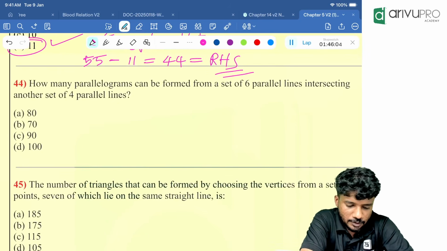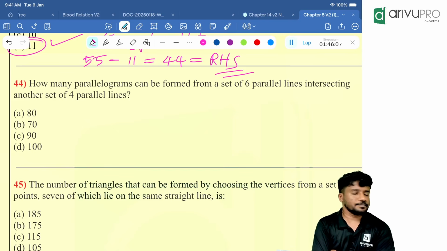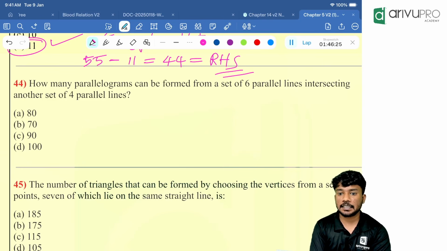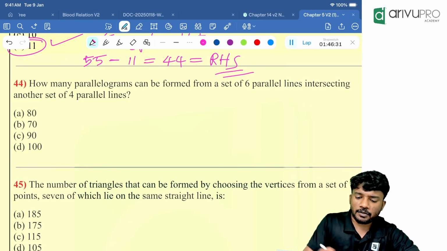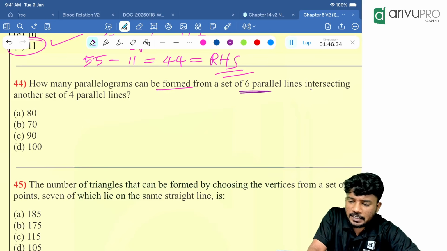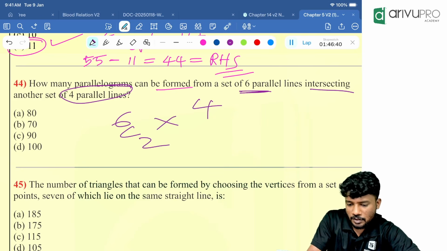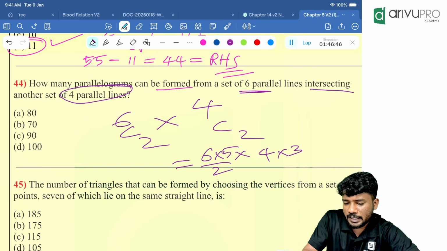Solve this for me. Come on, do it. How many parallelograms can be formed from the set of 6 parallel lines intersecting 4 parallel lines? 6C2 into 4C2, which is equal to how much? 6 into 5 divided by 2 into 4 into 3 divided by 2.